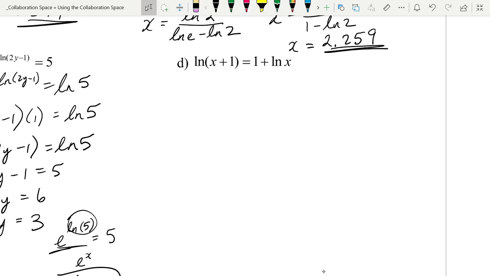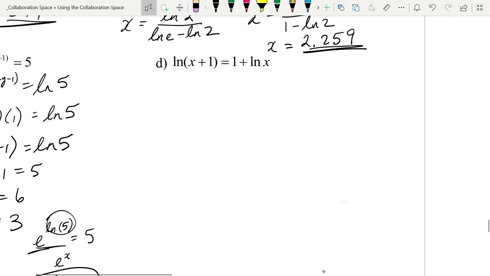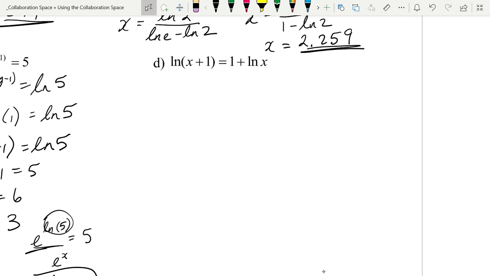Well, I'd be kind of stuck if I didn't realize something that I just said a second ago, that the natural log of e is 1, because this is like saying e to the power of 1 is e.